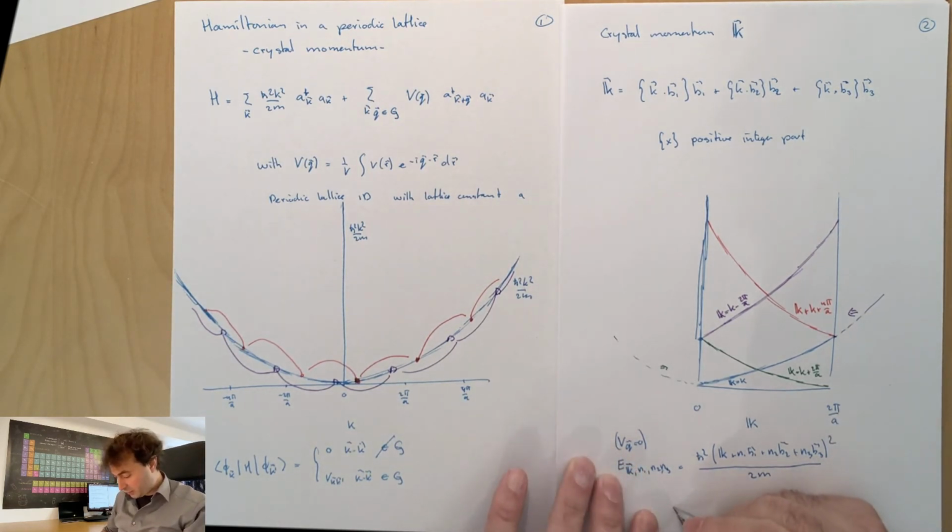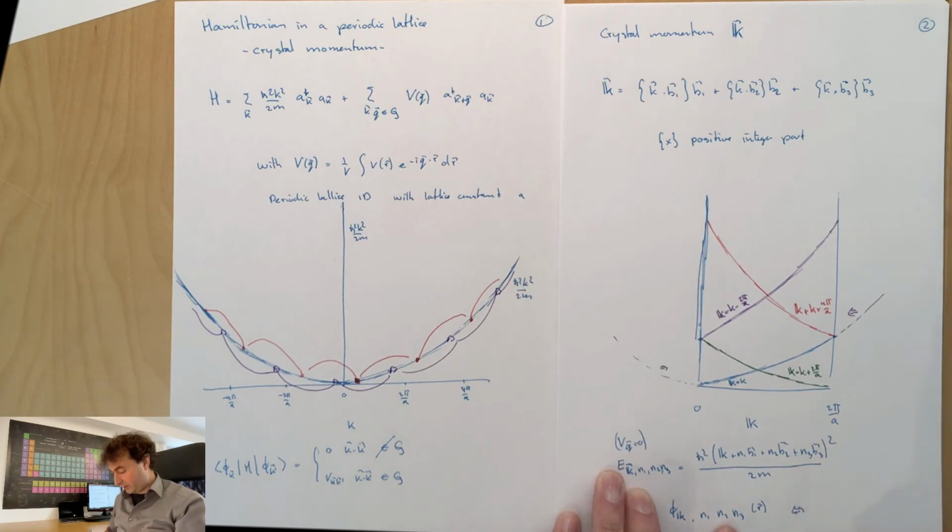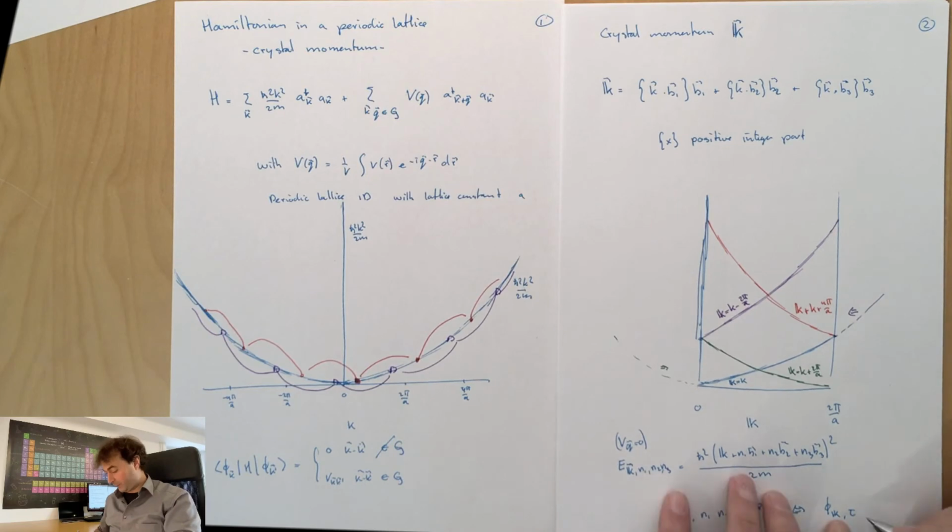So our wave functions are going to be wave functions as a function of crystal momentum and n1, n2 and n3, as a function of r. Or instead of writing 3 quantum numbers in here, which is only true if V is 0, we'll make them a function of crystal momentum and some quantum number tau.